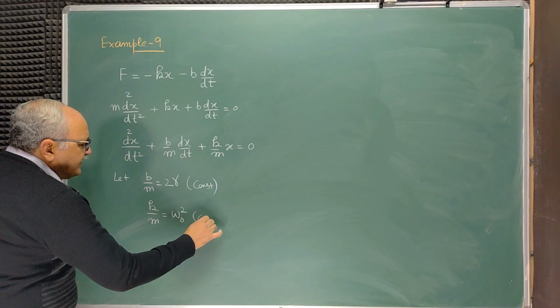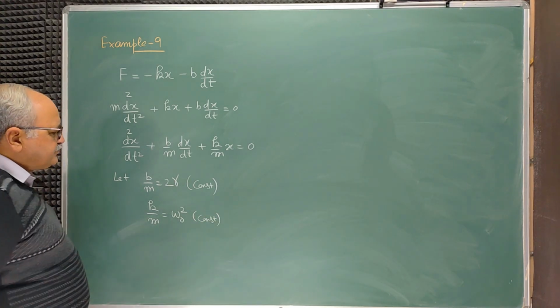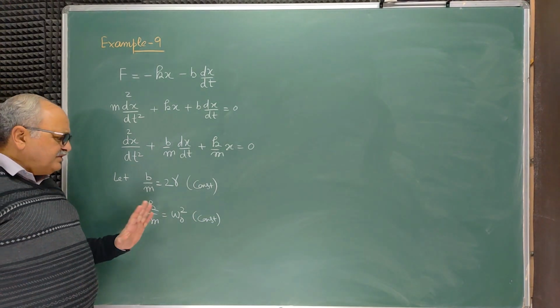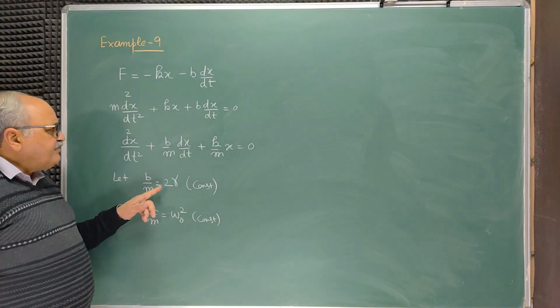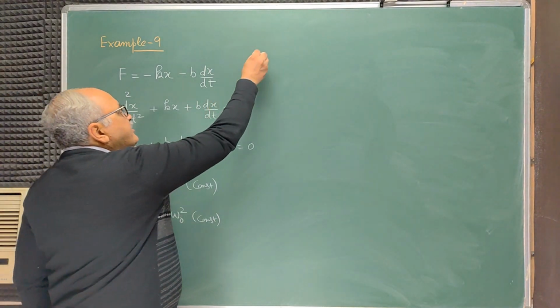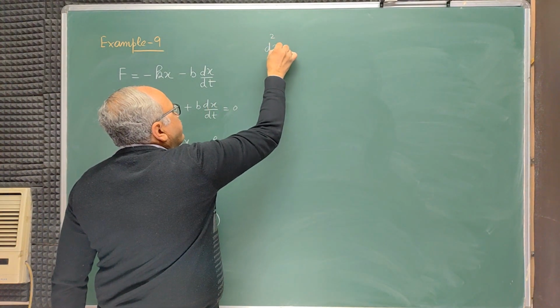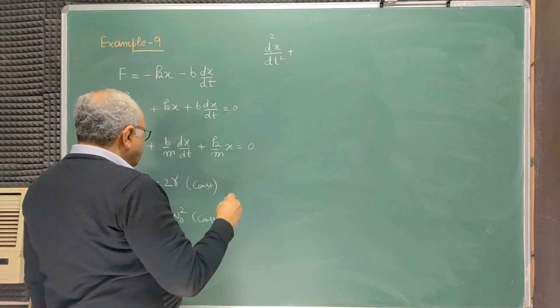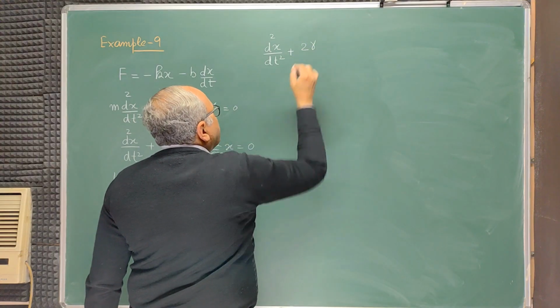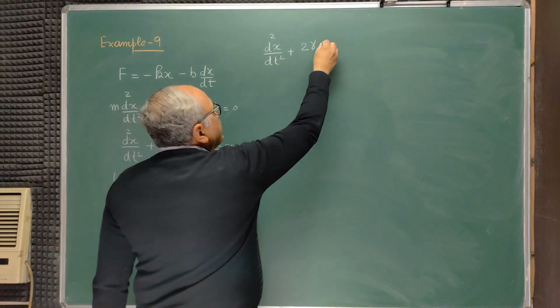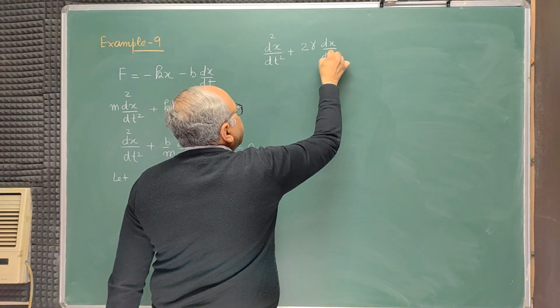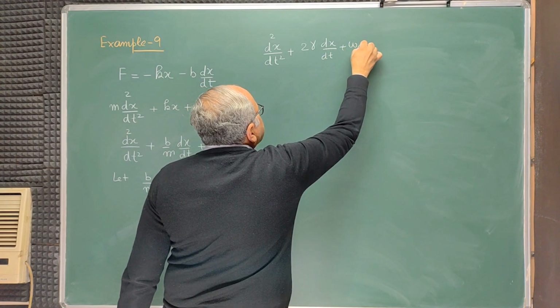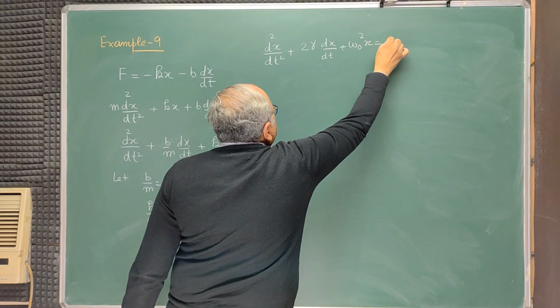We have taken these constants in a special manner just to keep the mathematics simple. So if I replace it here, my differential equation takes the shape d²x/dt² plus 2 gamma dx/dt plus omega 0 squared x equals 0.